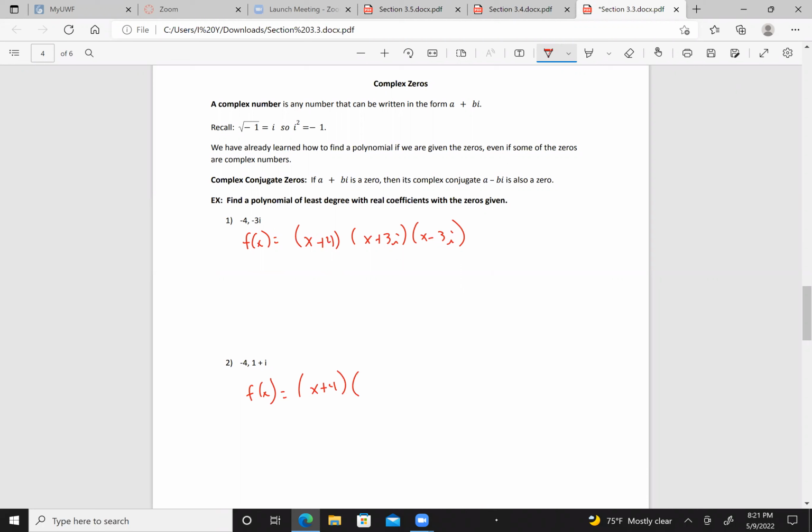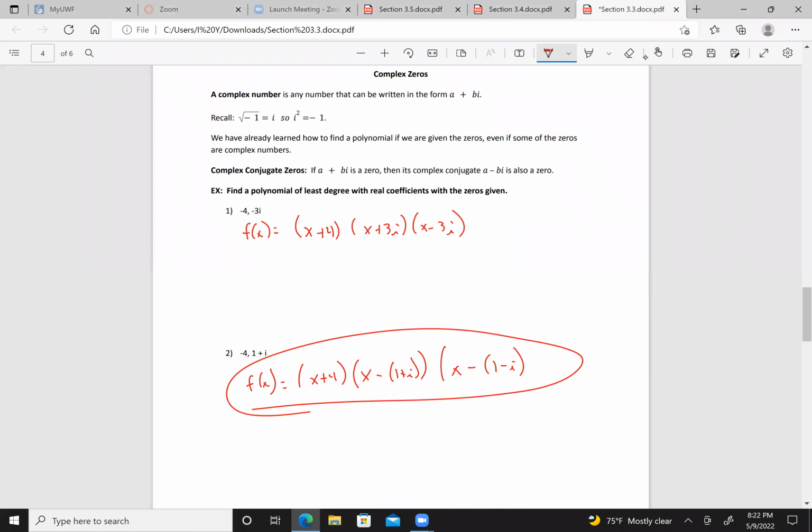It has 1 plus i, so that would be x minus 1 plus i, and x plus 1 plus i, or 1 minus i, x minus 1 minus i. Not pretty.